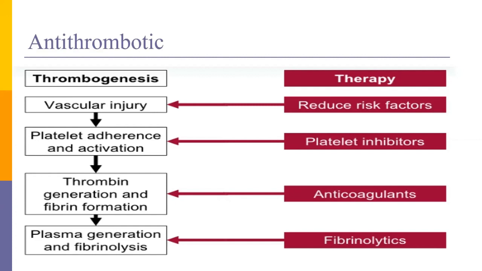So this is the normal process of thrombogenesis: when there is vascular injury, then going down, platelet adherence and activation, then thrombin generation and fibrin formation, and lastly plasmin generation and fibrinolysis. This is the normal way. So let's go to the next slide.